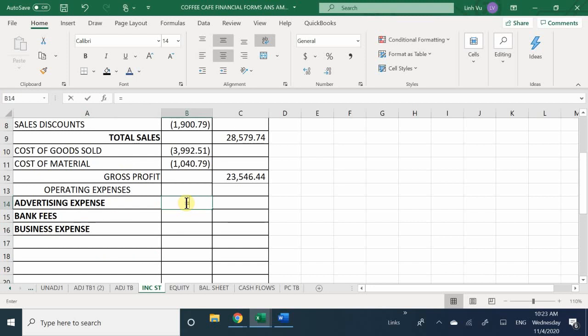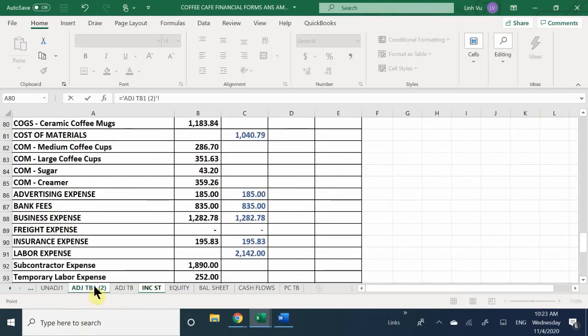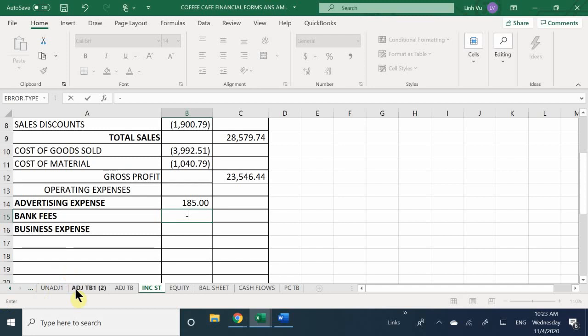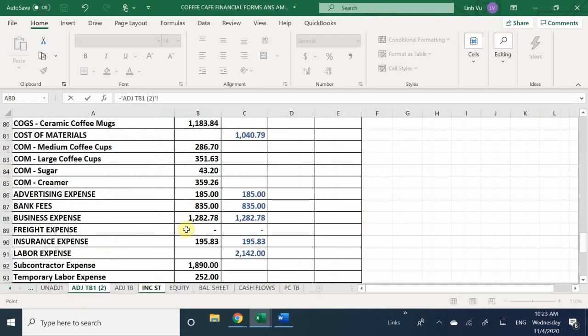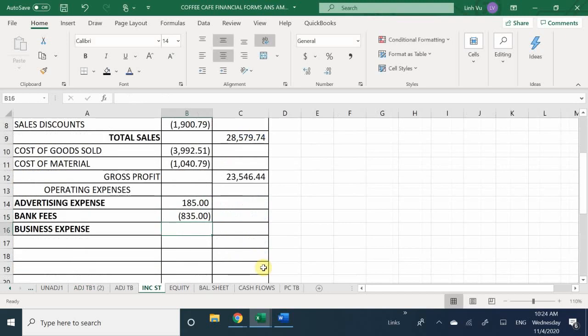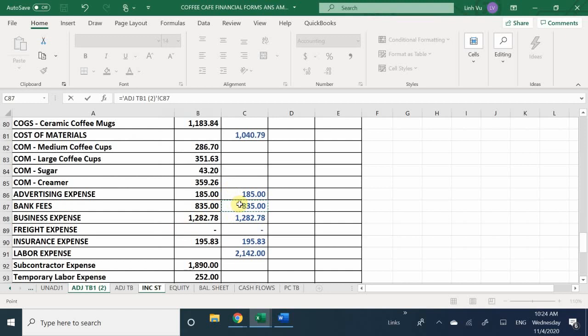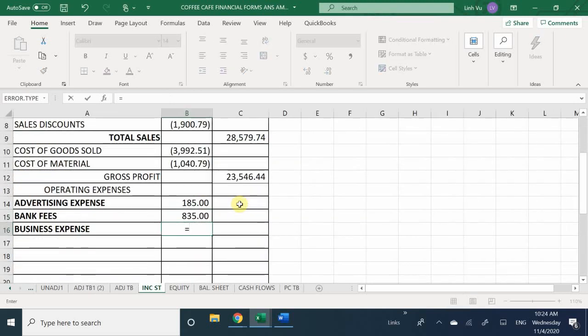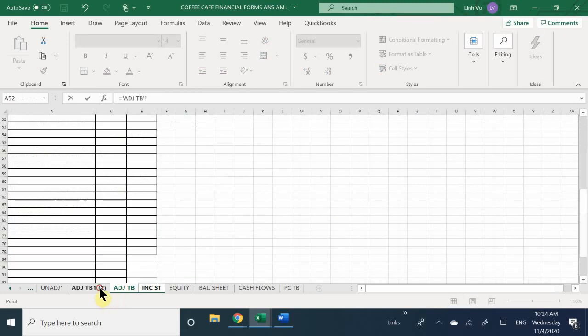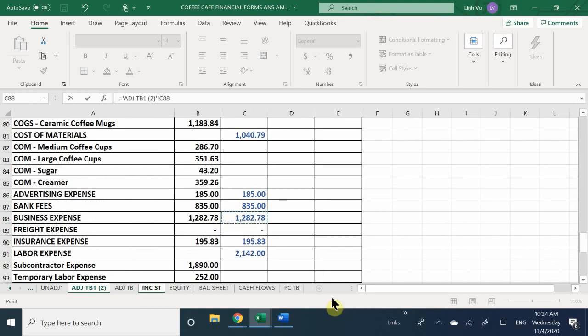What was my advertising expense? What was my bank fees? $835. And then my total business expenses was 1282.